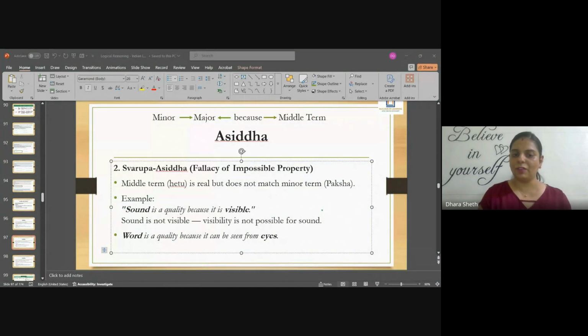Can word be seen from the eyes? No. Words are spoken. You cannot see it. So there is no connection between sound and visibility. Middle term does not match the minor term.